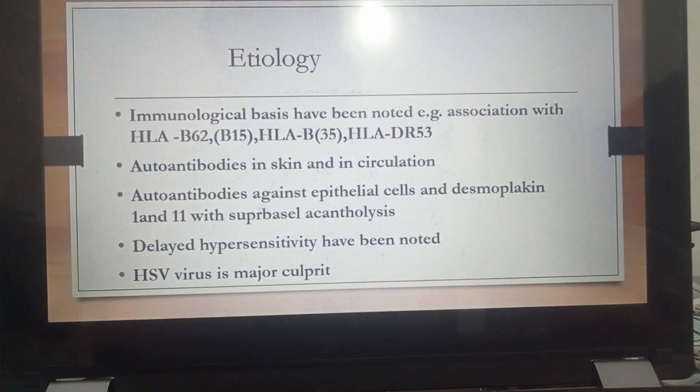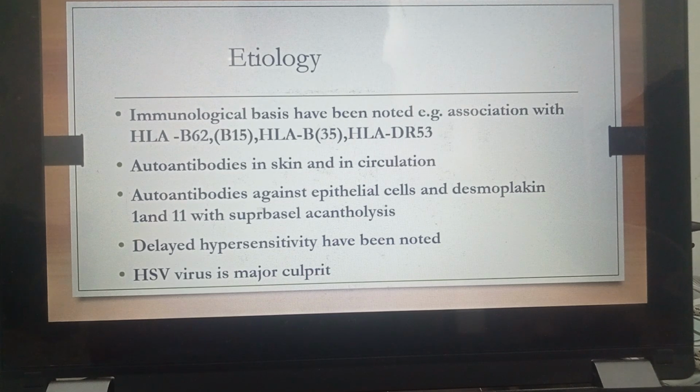Etiology: there are lots of etiological factors, but ultimately they lead to immunological bases, which have been noted. For example, association with HLA-B62, HLA-B15, and HLA-DR53 genes has been noted.